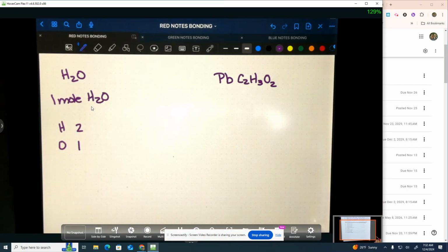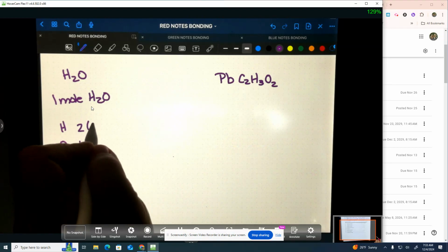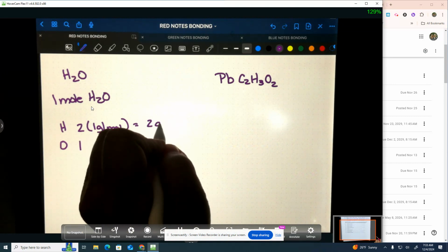Look at hydrogen on the periodic table, in the upper left-hand corner. You see the mass of hydrogen? 1.00794. Can we make our life easy and just say 1? It weighs 1 gram per mole. So 2 times 1 gram per mole equals 2 grams.